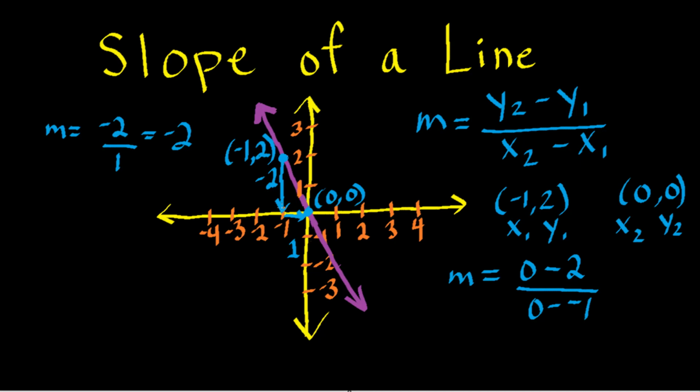Be careful of minus and negative because that equals a positive value. That's the same as plus plus. So we will get -2 divided by 1, meaning our slope ends up being -2.